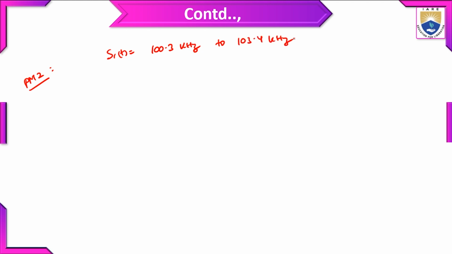Okay. So here what is the FC? FC is nothing but 10 megahertz. For the second stage product modulator, FC is the 10 mega. So it's nothing but carrier frequency.